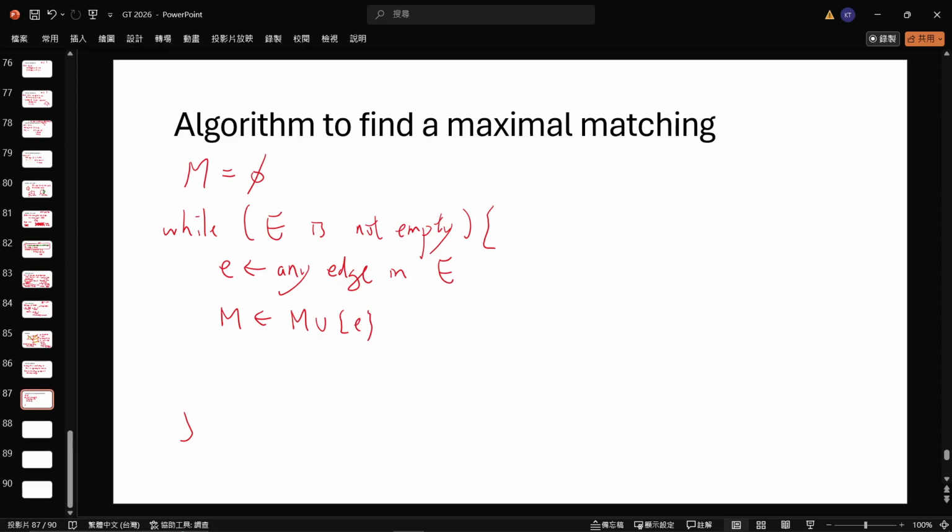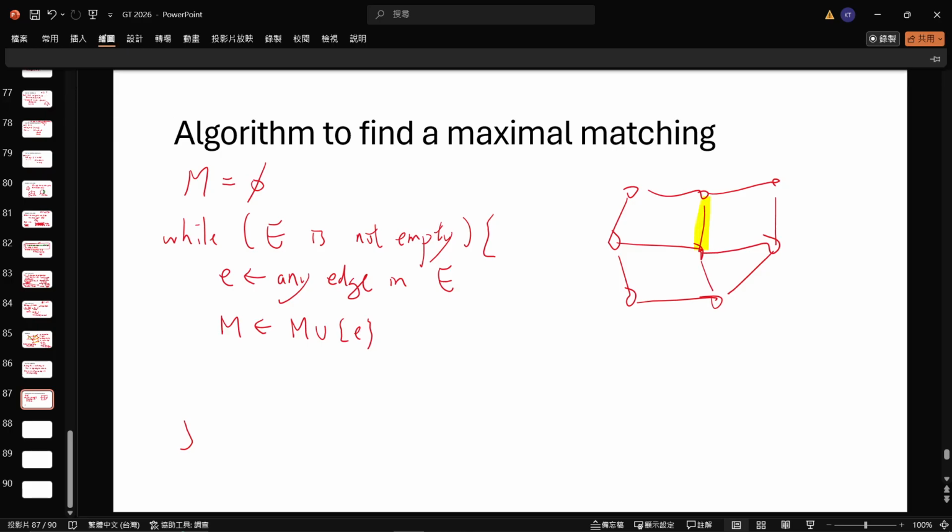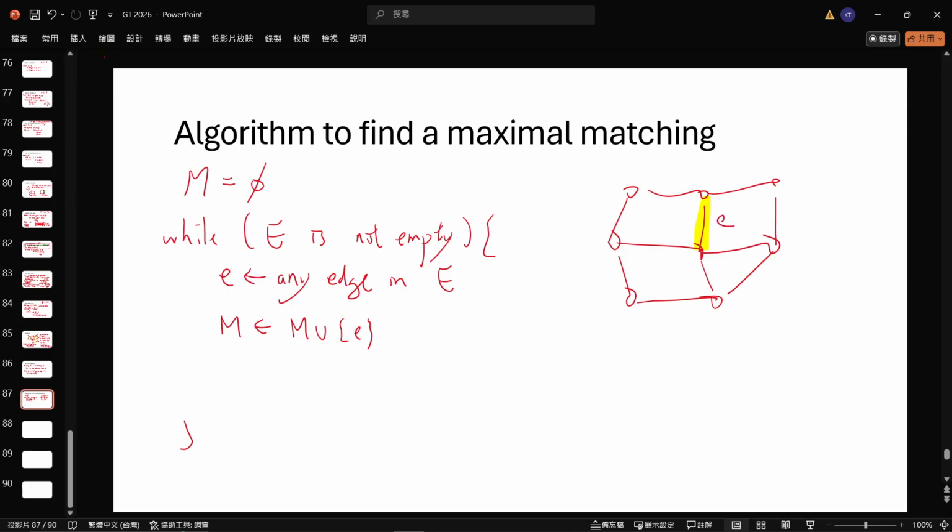Okay, and after you add the edge, for example, if I have this graph, and suppose the first edge I choose is this edge, okay, so this is E, after I choose this edge, because I have to make sure that the final output is a matching, I have to make sure that I won't choose edges like this one, this one, this one, this one, or this one. In other words, I cannot choose edges that are adjacent to this edge.